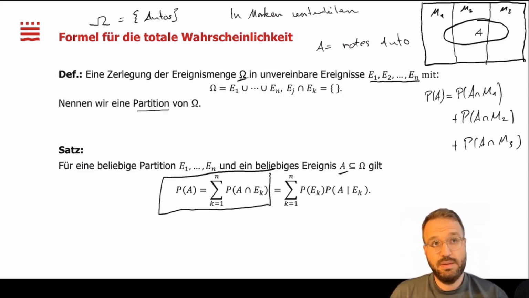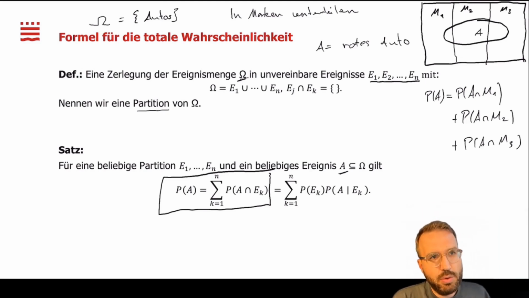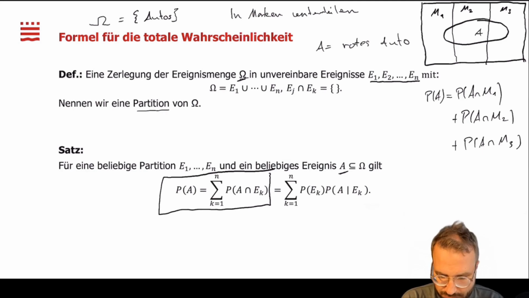Because a car that is a red VW cannot simultaneously be a red BMW. And then we know that we have seen this in the axioms of probability: when we have mutually exclusive events and we want to find the probability of the union, then we can simply form the sum.